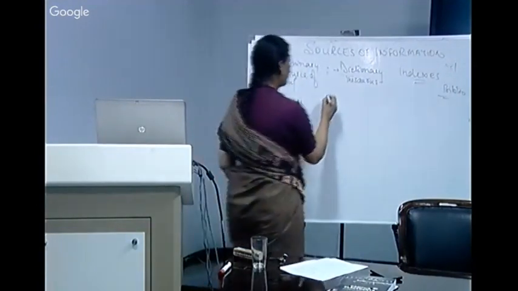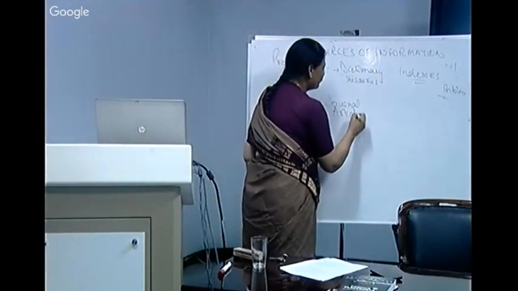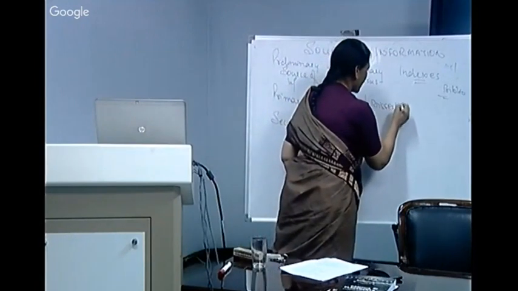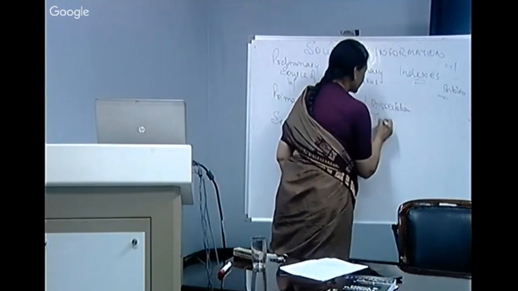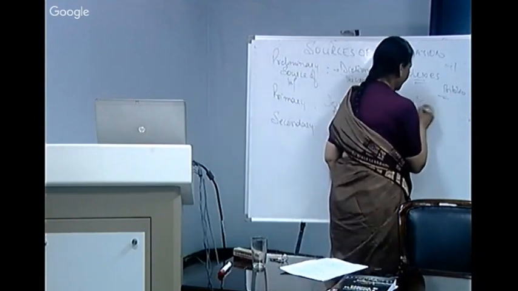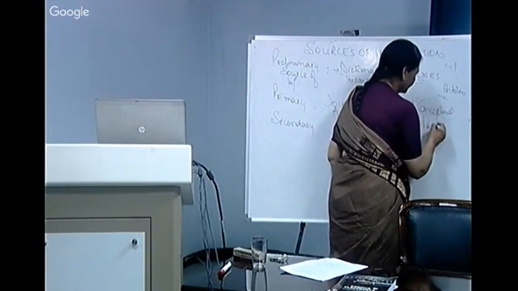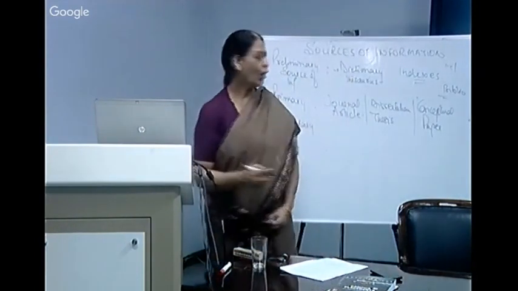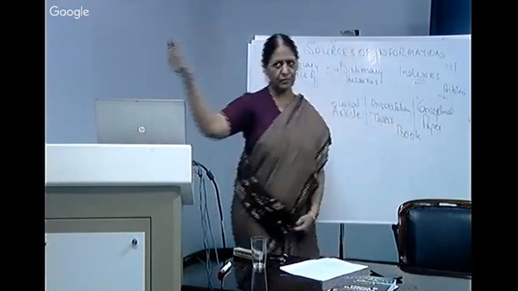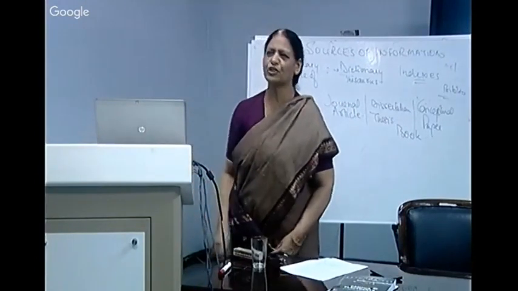Say for example, I am using a journal article which I have contributed. I'm talking about a dissertation, a thesis, or I'm writing a conceptual paper in one of the journals and so on. Or as an author, I have written a book which is written by me as an individual, is a primary source of information.